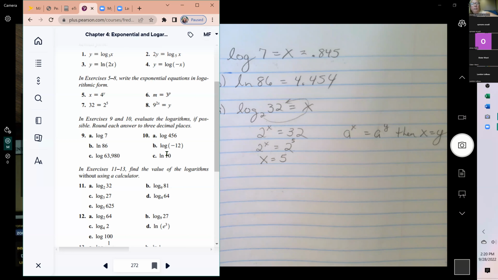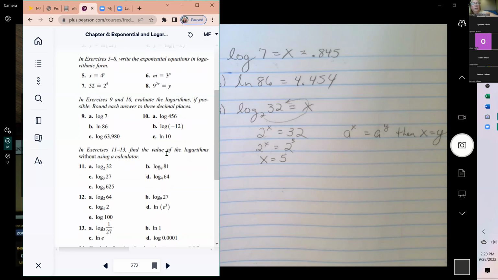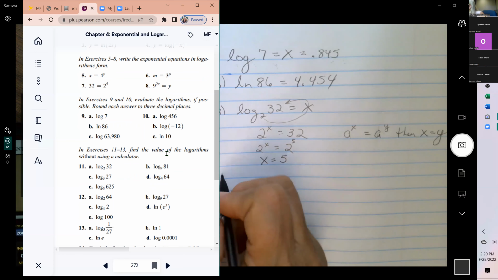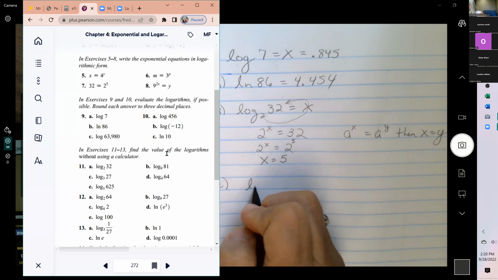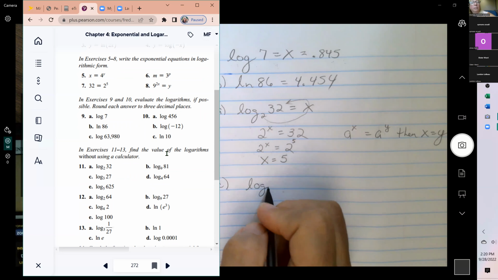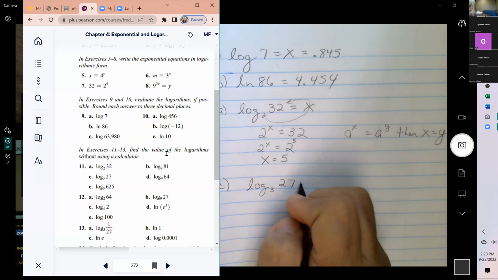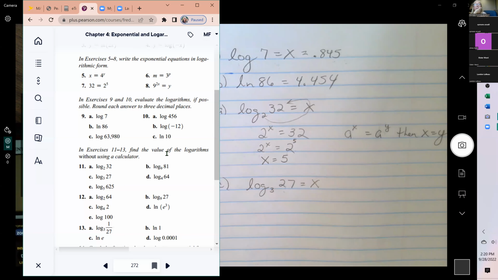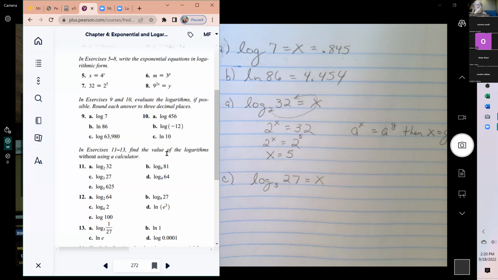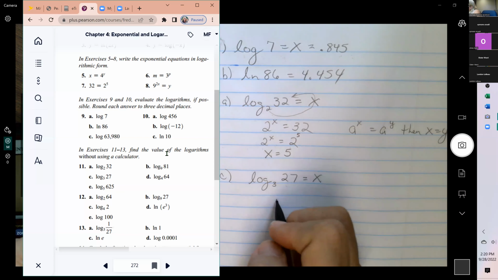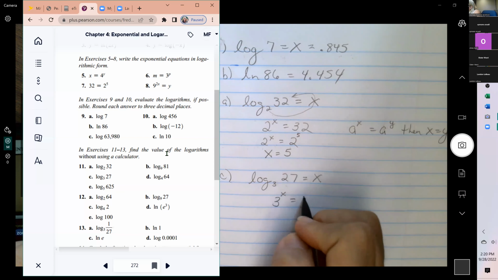These are all going to be the same. But let's try C. Log base 3 of 27. So rewrite it. Three to the x equals 27.